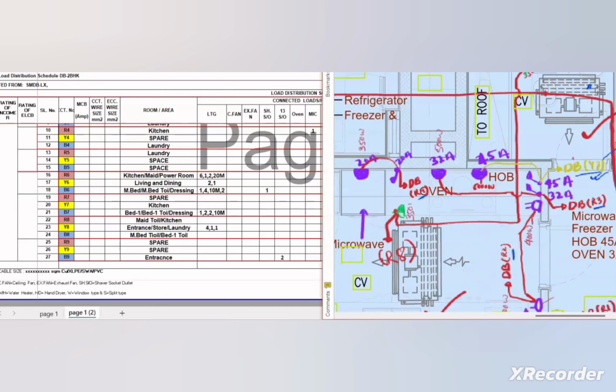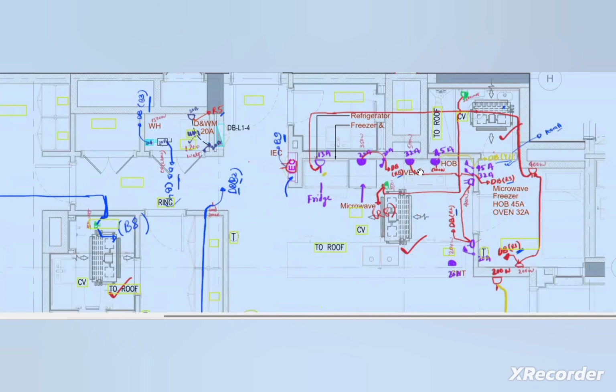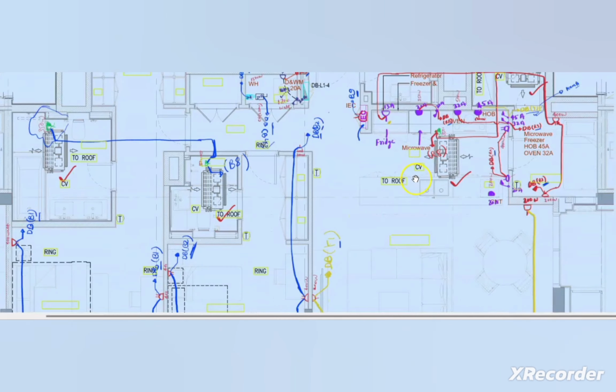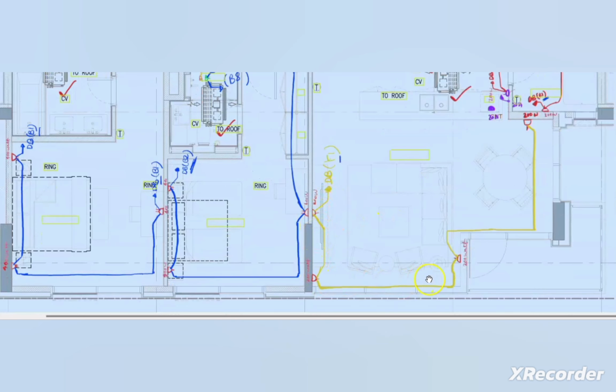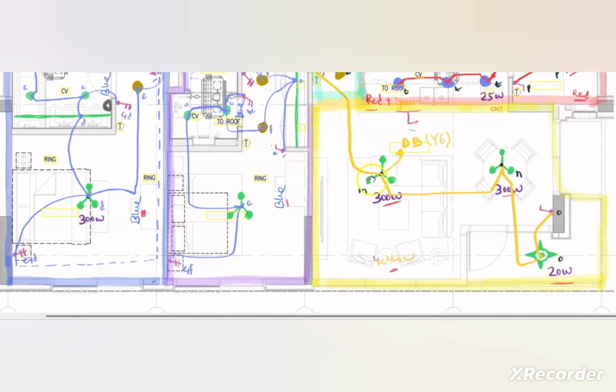So here in our layout, what we have done, we have taken the Y phase for the living and dining area for the power socket, and for the light circuit also we use Y phase for the living and dining area. We cannot change just one, because if in a room we change the power socket, we have to change the light circuit also, as we cannot mix two different phases in a single room as much as possible.